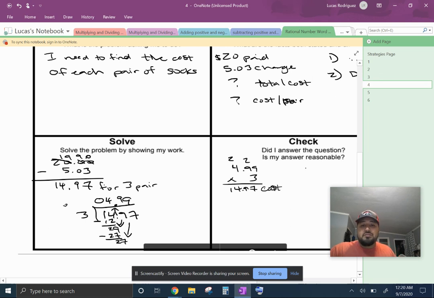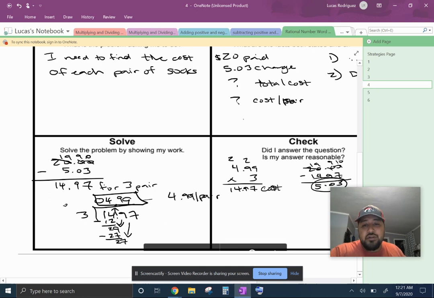And if I subtract $14.97 from 20, I get 19, 9, 10, which gives 5.03. So here's my answer: it's $4.99 per pair.